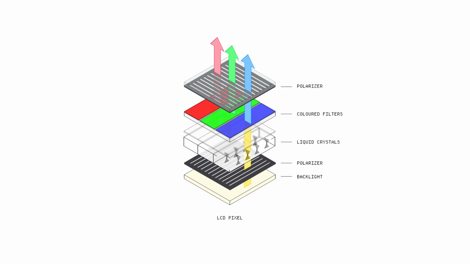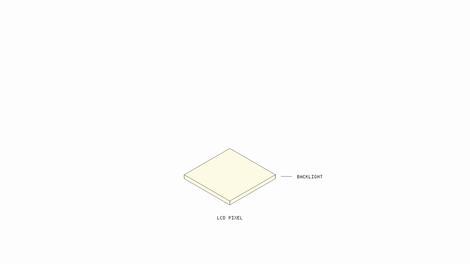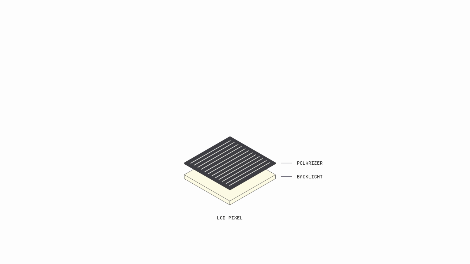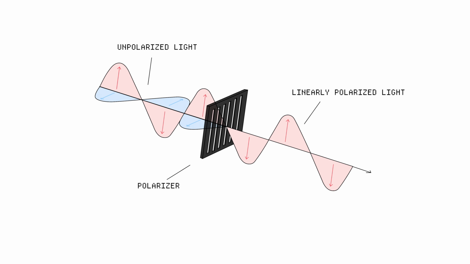So basically an LCD pixel looks sort of like this. It's just a stack of layers, and each layer is about conditioning the light before it gets to the user. They start with a backlight. This is supposed to be yellow, but whatever. Start with a backlight, and then the next step is a polarizer. A polarizer is crucial because light is really weird.